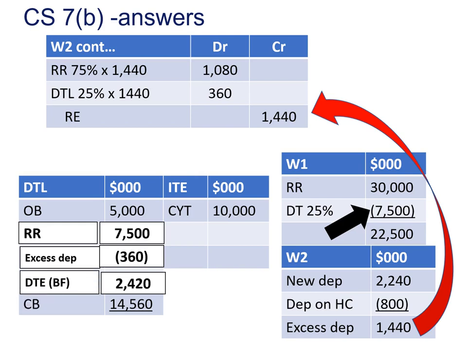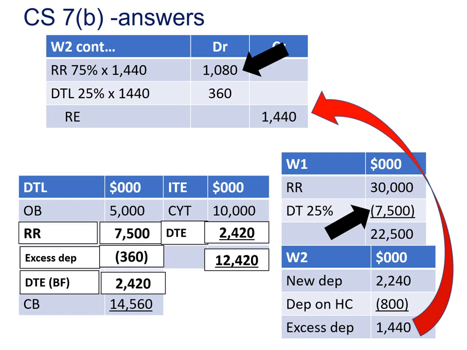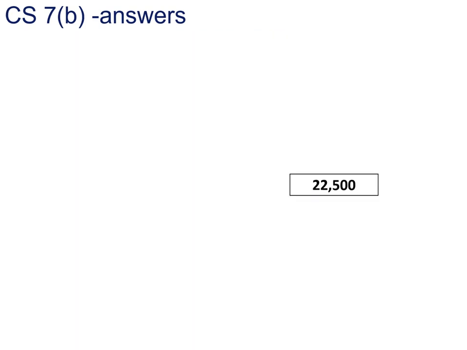So that 2420 is our deferred tax expense, and that deferred tax expense is going through our income statement, which is 2420. We marry that with our current year tax expense. It's a current tax. That means our total tax expense for the year is 12,420. And the 1080 and the 14.40, those are on our statement of changes in equity.